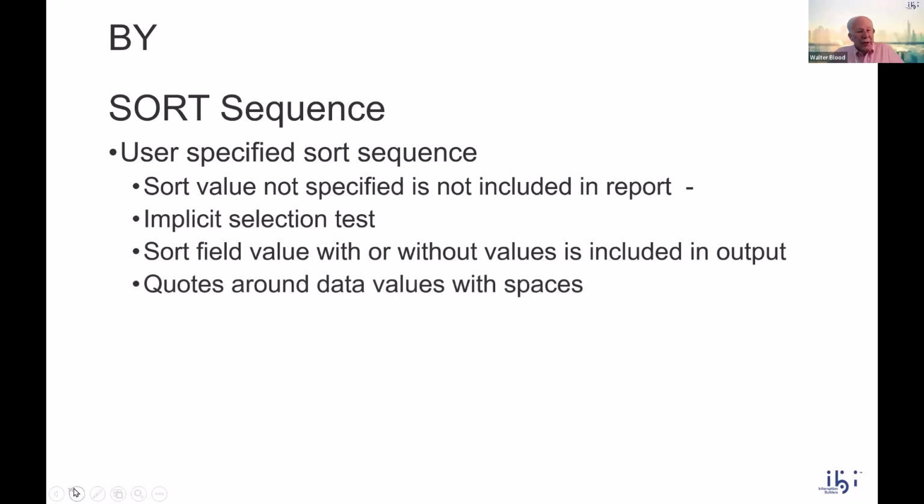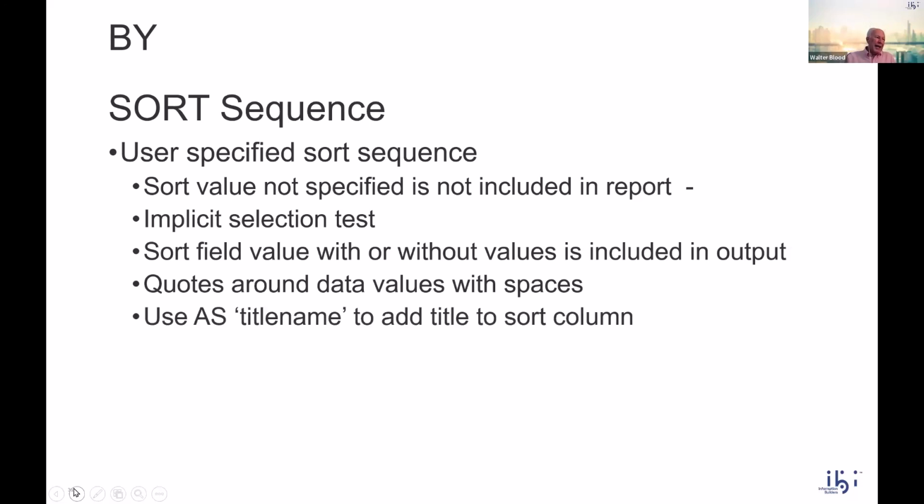If you're working with data that has spaces, please put quotes around the data in the specification. Use quotes around the data values that you want plugged in there, so that we know. Use the AS title name to add a title to the sort column, because unfortunately, when this was originally built, that disappeared, and for whatever reason, it is now back with an AS name, so that you have the ability to name it.